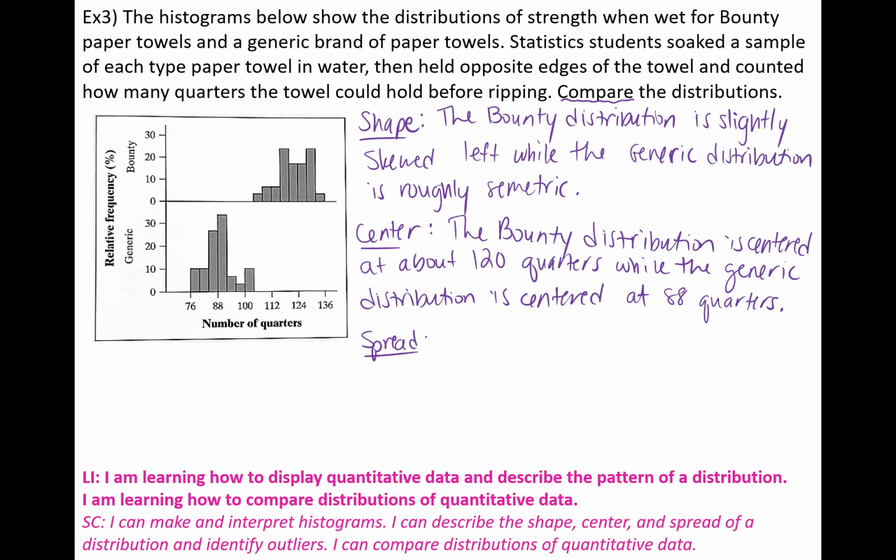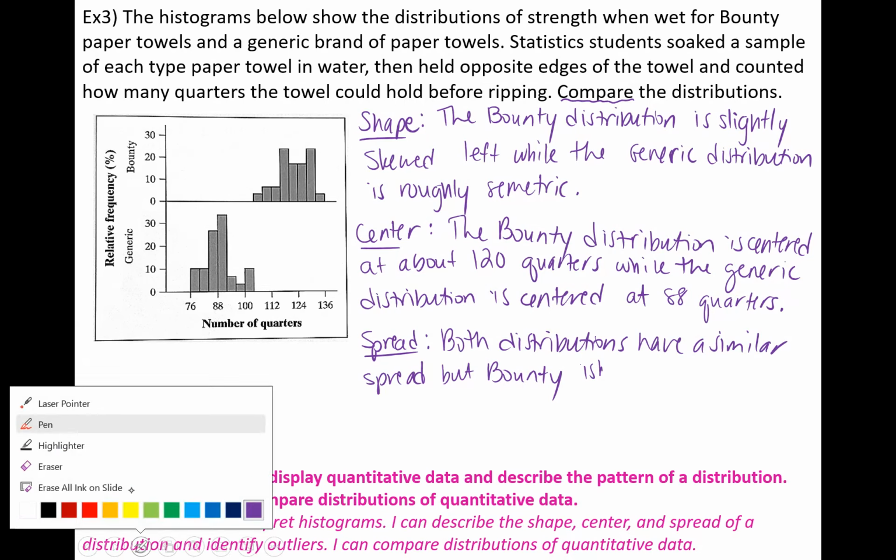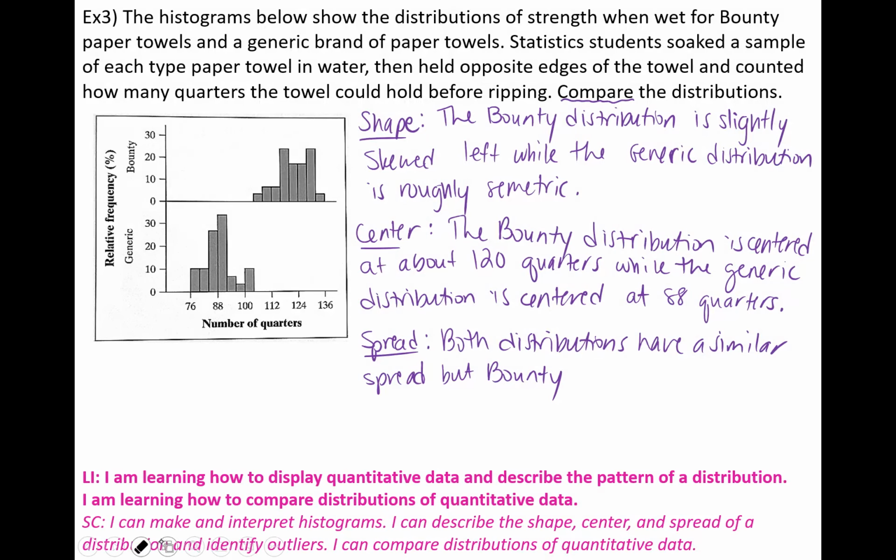So I'm going to say both distributions have a similar spread, but Bounty is shifted to the right. I'm going to say shifted right. And I'm going to explain that here.